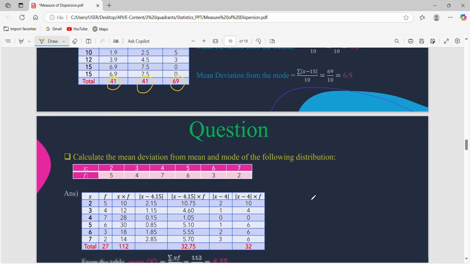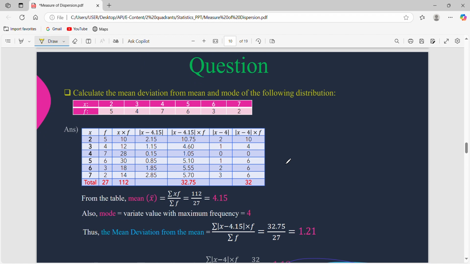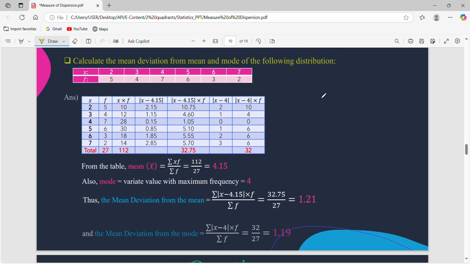Next question is the mean deviation from the mean and mode of the following distribution. In the previous case we only had observations. Now we have observations with frequency, so the second case is applicable. How do we find the mean? We find the mean as the summation of xf by f. How do we find the mode? Just check which value occurs most, 7 times, so here mode equals 4.